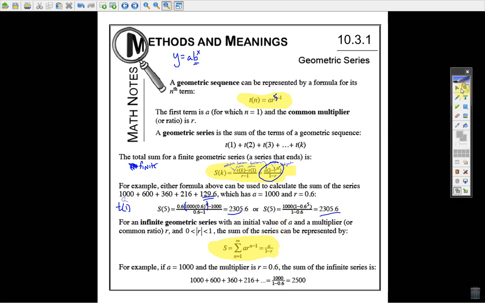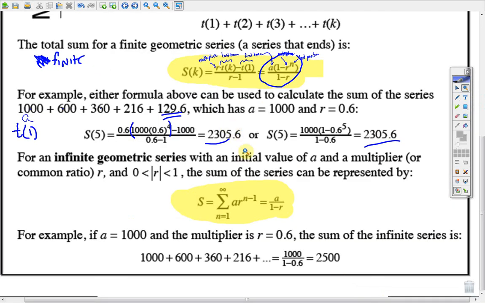For an infinite series, with an initial value of a and a multiplier or common ratio of r, we can use this equation. Now it's worth noting here that to use this infinite series, the absolute value of r has to be between 0 and 1.